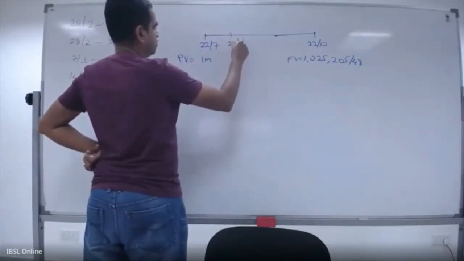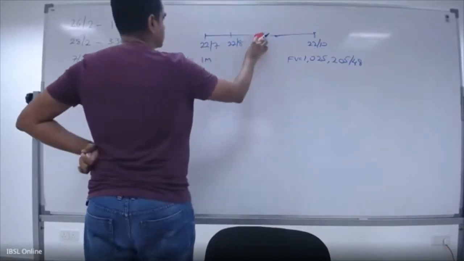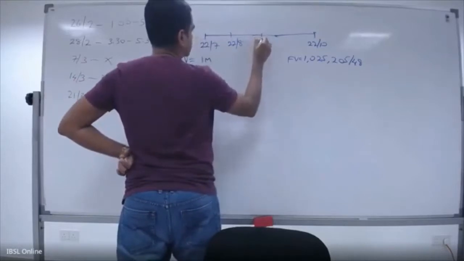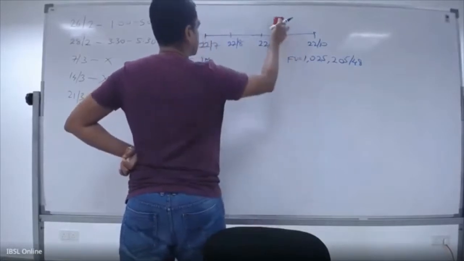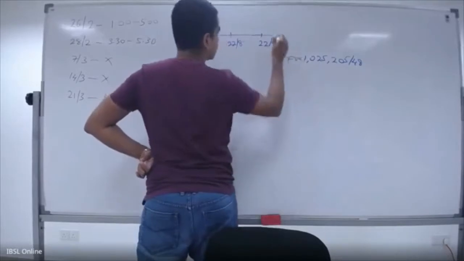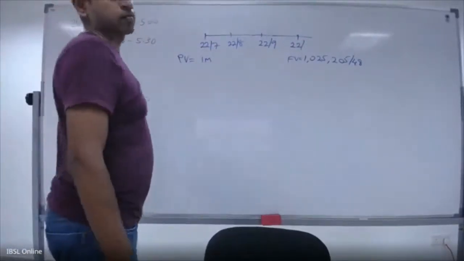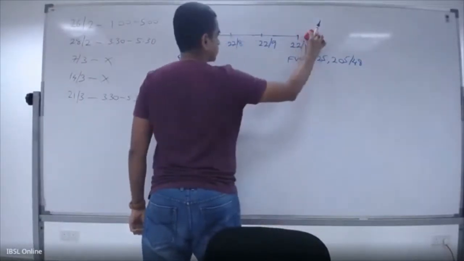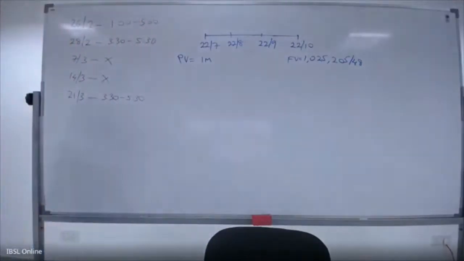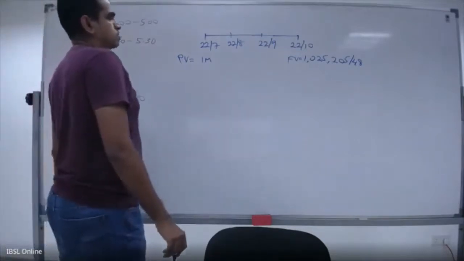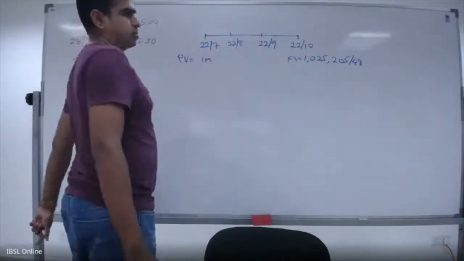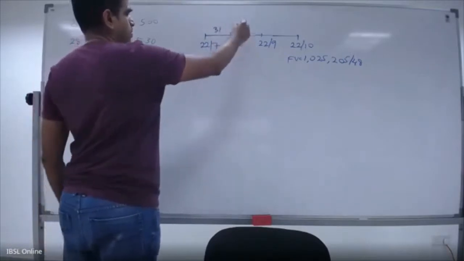So the number of days between these two: 22nd July to 22nd August, 31 days. 22nd August to September is again 31.